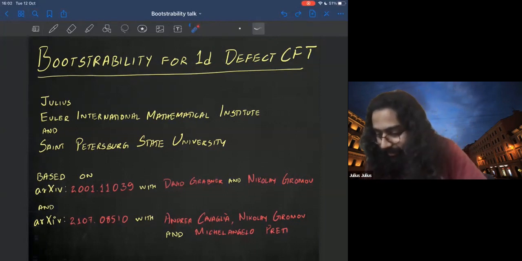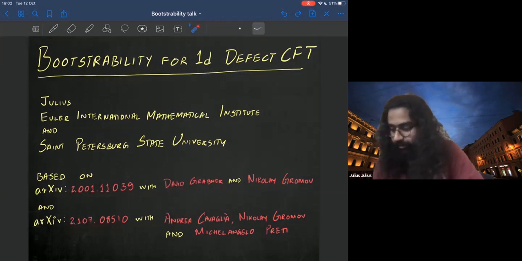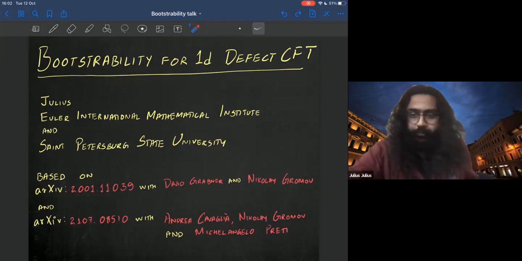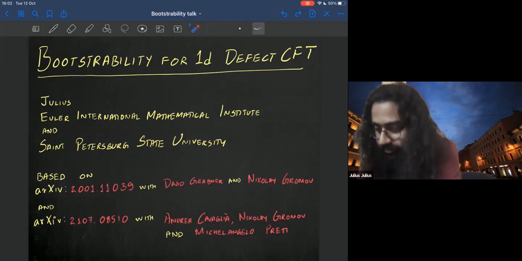I'll be presenting mainly results of this paper, which we wrote with David Grabner and Kolya Gromov almost 2 years ago, and an earlier paper which we wrote with Andrea Cavaglia, Kolya Gromov and Michelangelo Preti earlier this year, a few months ago. So let's get started.